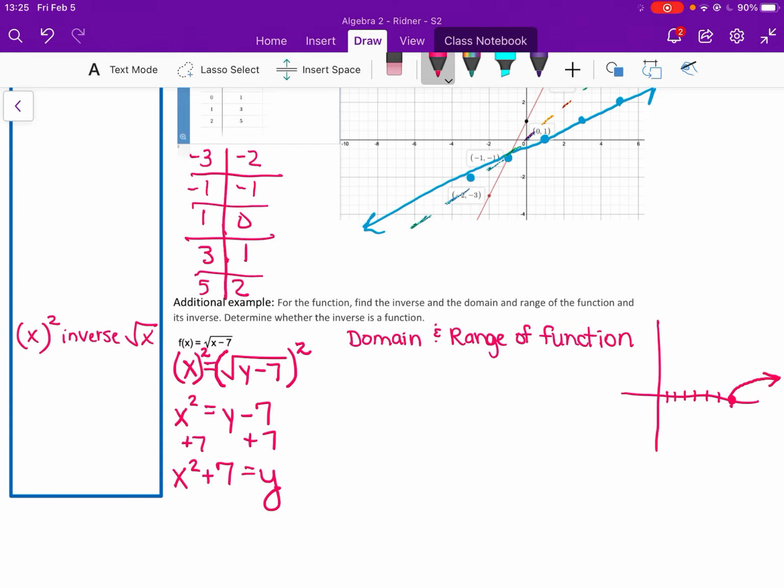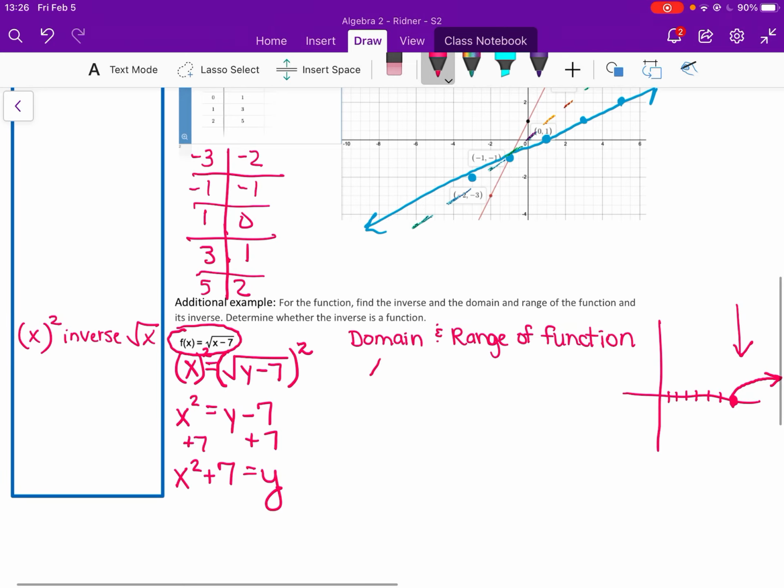However, feel free to graph that on Desmos if you do not believe me that this looks like this graph when I graph it. It's 7 over. So that means my domain starts at positive 7 and goes on for infinity. So we say x is greater than or equal to 7.